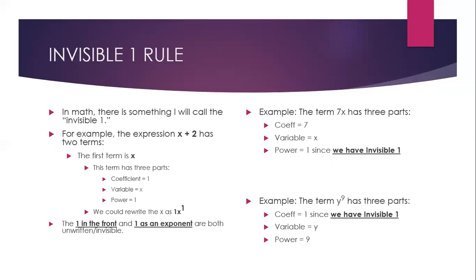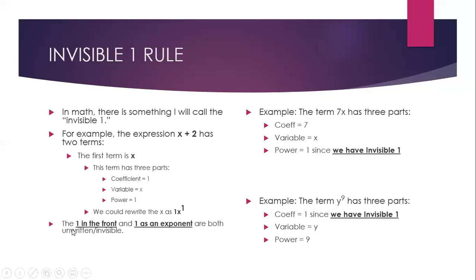So one of the things that we just kind of know if we know math is if we don't put something in front of an x, well, it's automatically a 1. Or if we don't raise an x to a power, it's automatically a 1. We just know that because if you do a lot of math, you get told that over and over again. So I'm going to call it the invisible one.